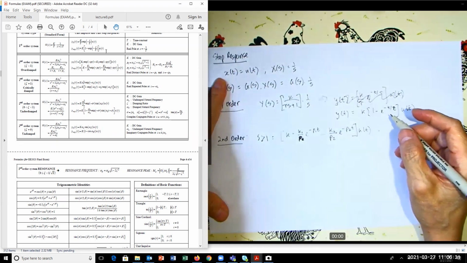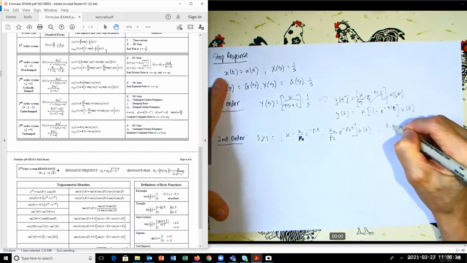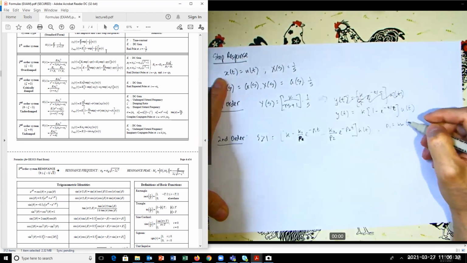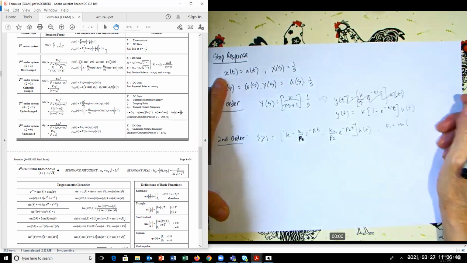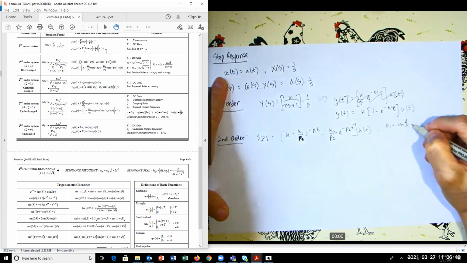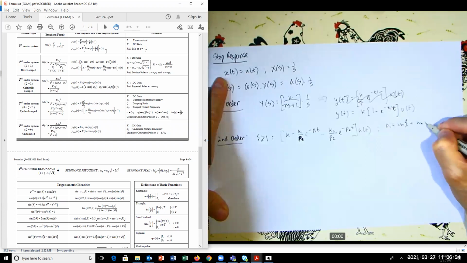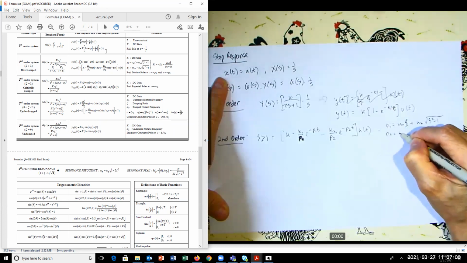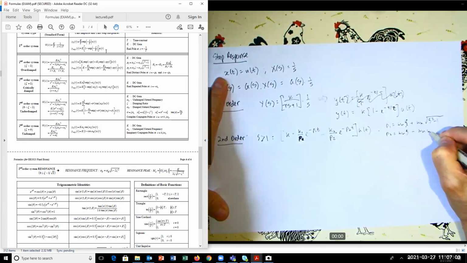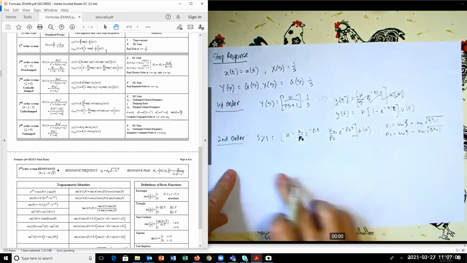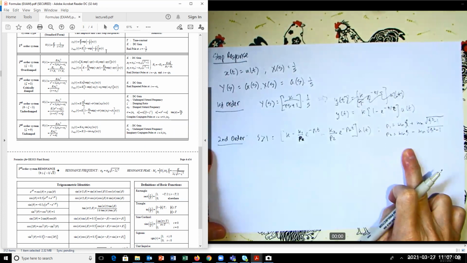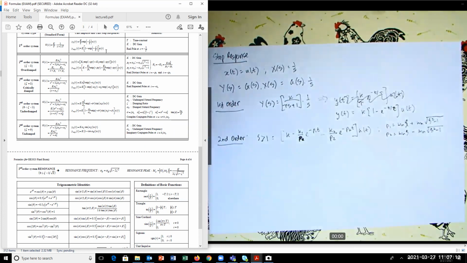P1 is omega n zeta plus omega n square root of zeta squared minus 1, and P2 is omega n zeta minus omega n square root of zeta squared minus 1. So that's the case for overdamped. And that's the expression for K1 and K2 too, which you see in the formula sheet.